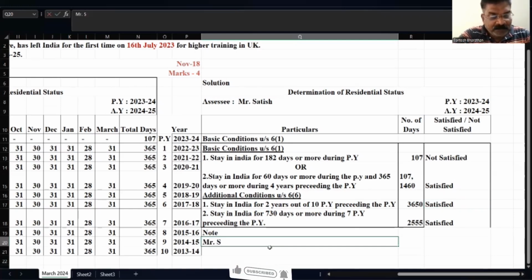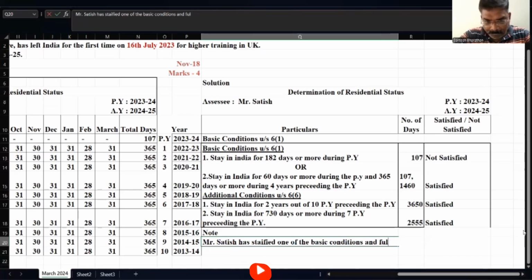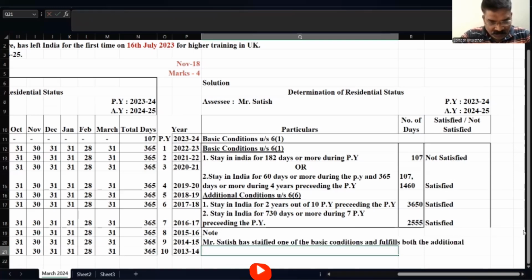In the note, I'll mention Mr. Satish has satisfied one of the basic conditions and fulfills both the additional conditions.